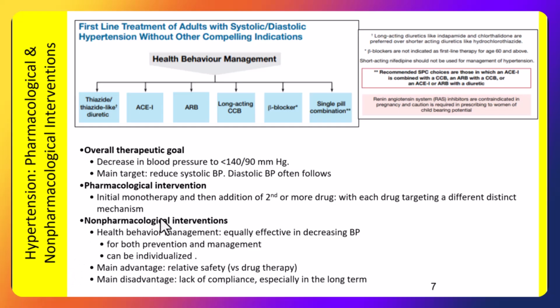The common first-line choices are thiazide diuretics, angiotensin-converting enzyme inhibitors or ACE inhibitors, angiotensin receptor blockers or ARBs, calcium channel blockers, long-acting beta blockers, and then single pill combination.